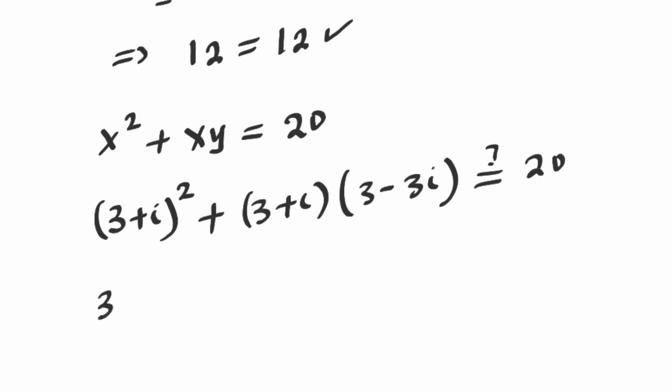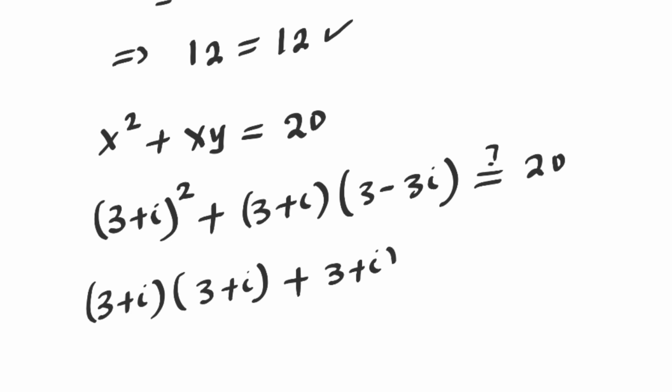This is 3 plus i multiplied by 3 plus i plus 3 plus i multiplied by 3 minus 3i must be equal to 20.